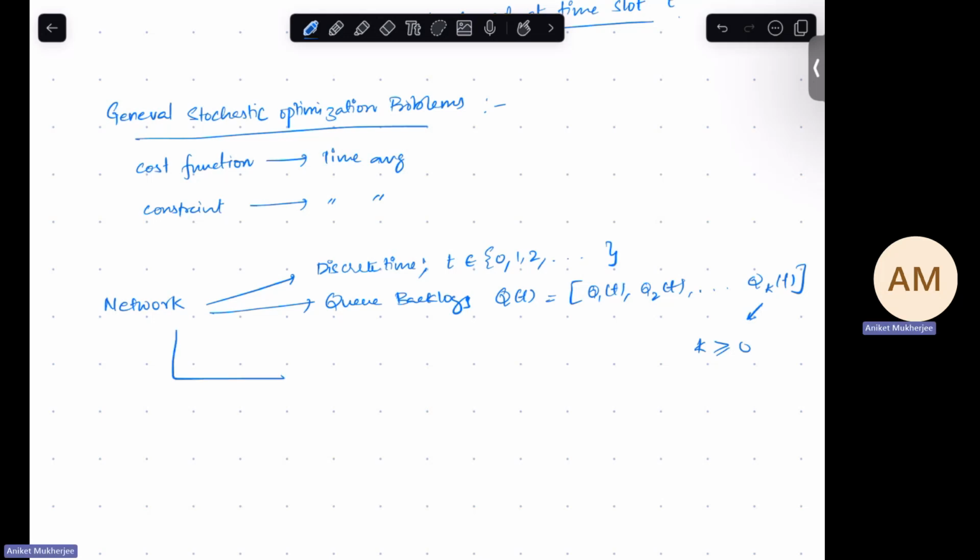At every slot t, a control action is taken.